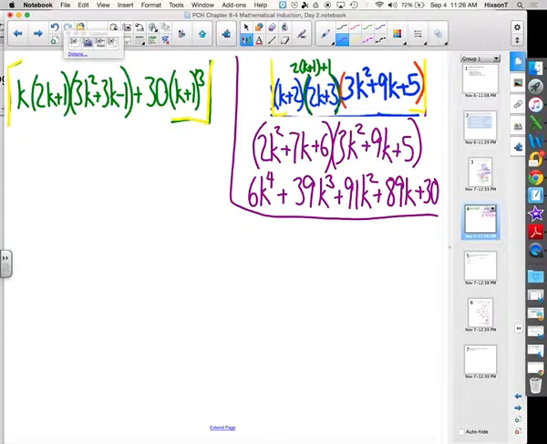For this, let's say we're going to have 2k squared plus k times this. So I'm going to make it, that's going to be 6k to the fourth plus, that's 6 and 3 is 9, 9k to the third, and then we have a minus 2 and a plus 3, so that's a plus 1k squared.